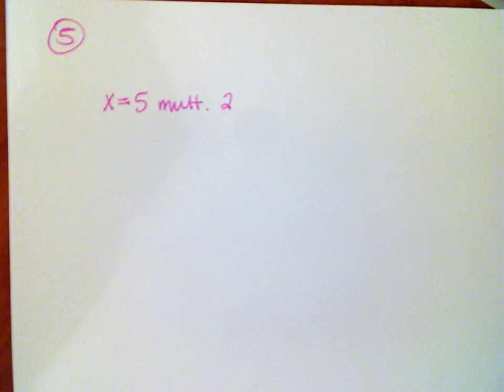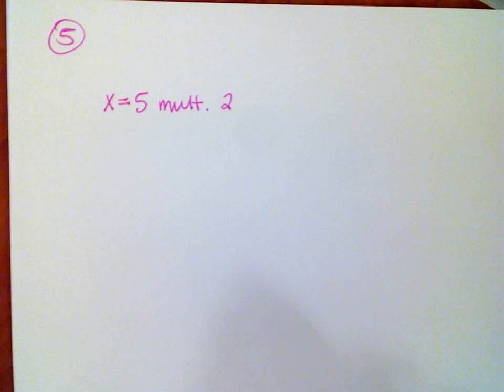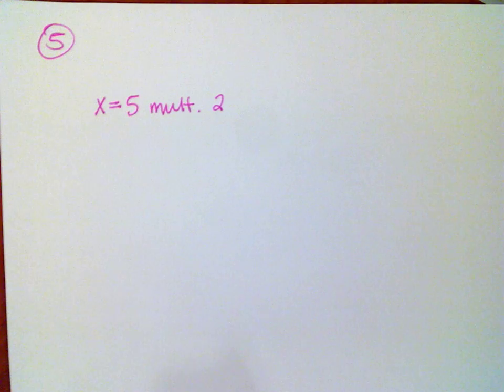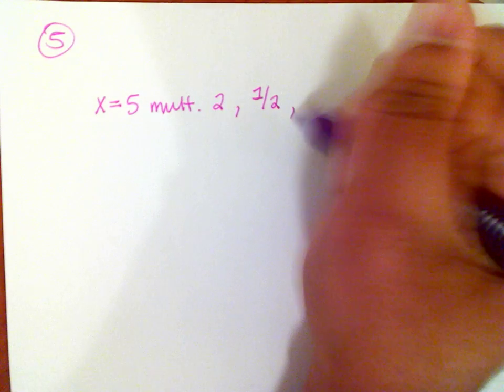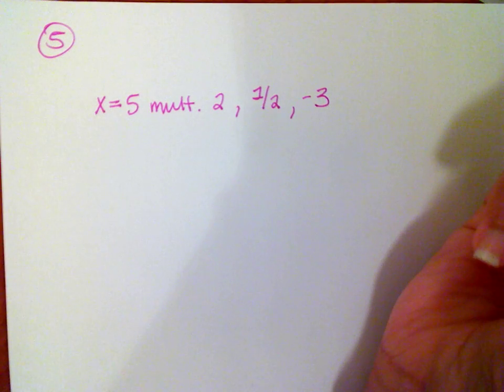You're given that x equals 5 multiplicity 2, 1/2, and -3.